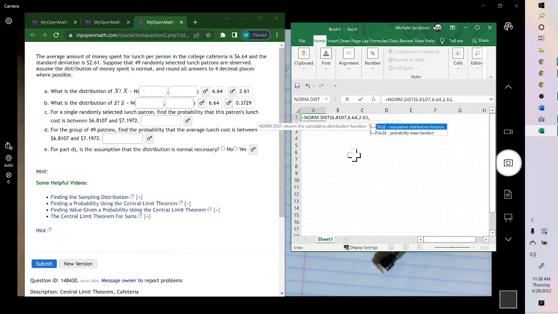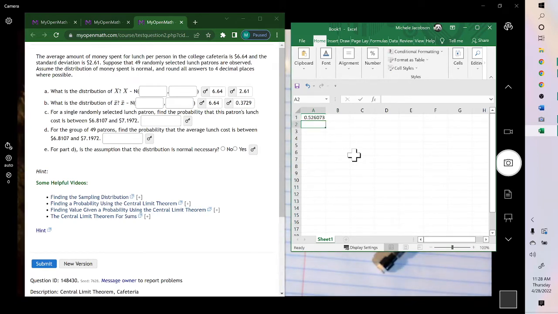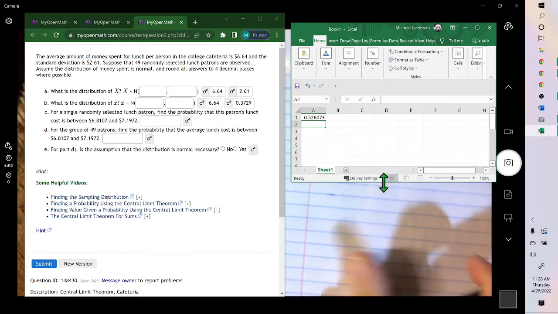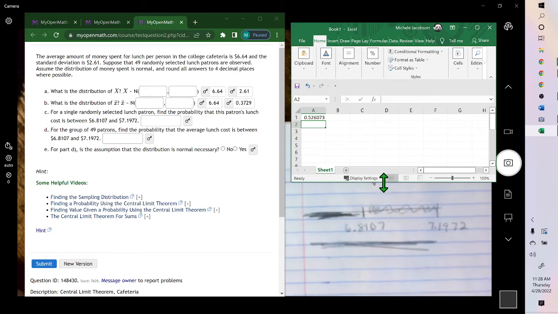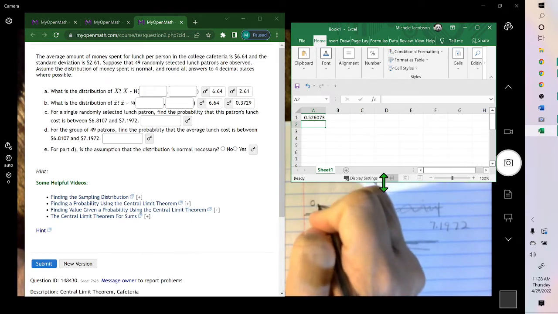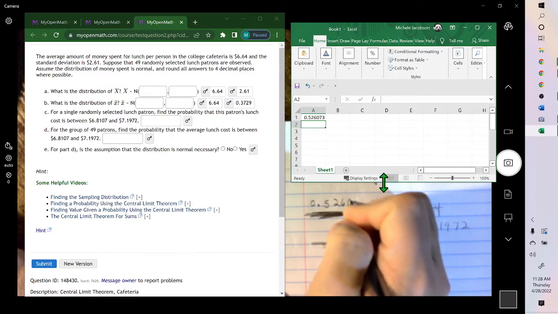Now this also wants the cumulative. Well, the area under your curve adds up to 1, so you just always put a 1 and then hit enter. So this part right here is 0.526073.